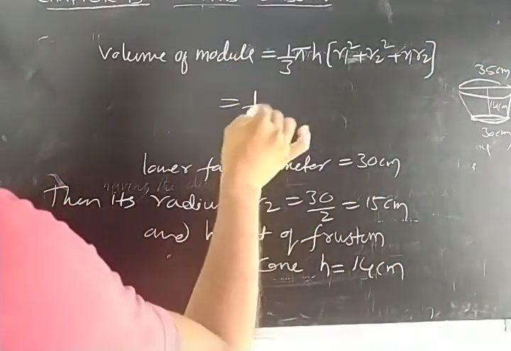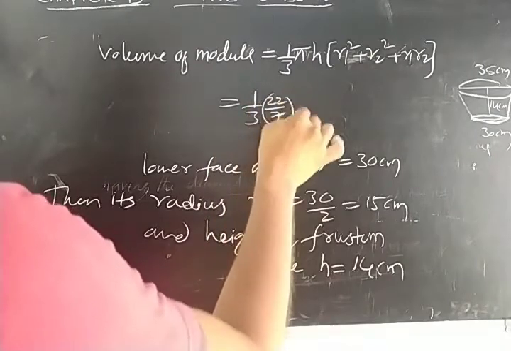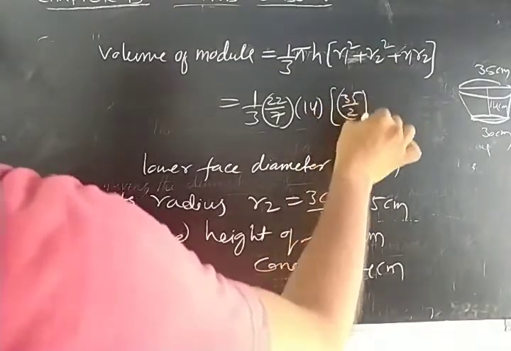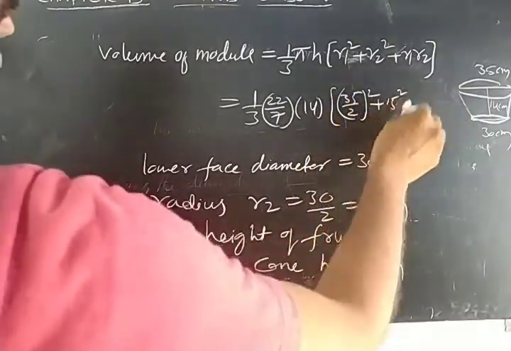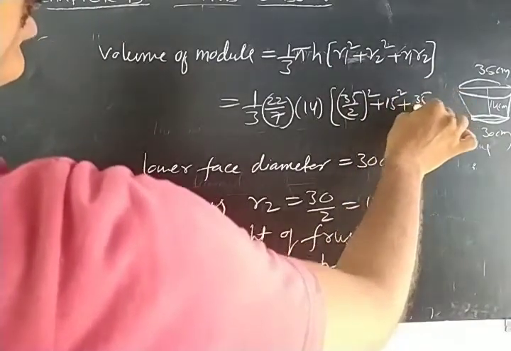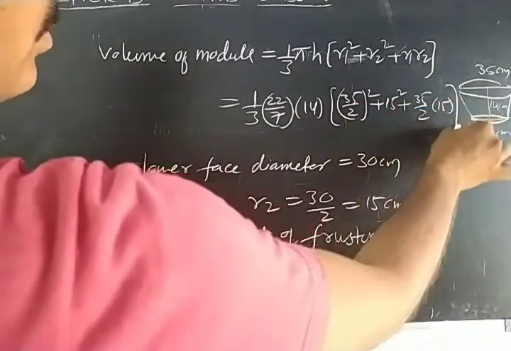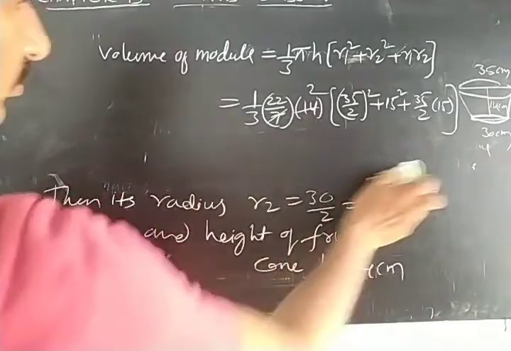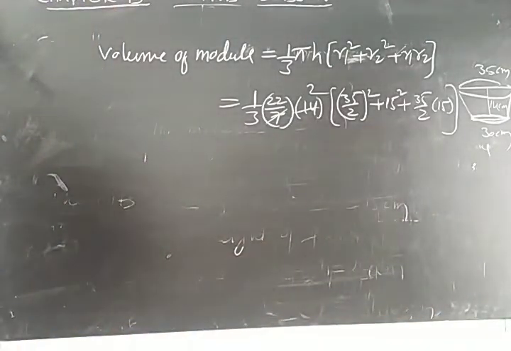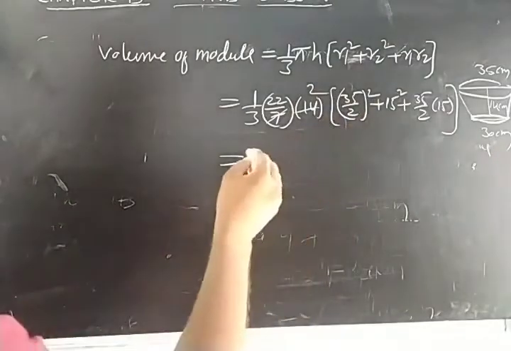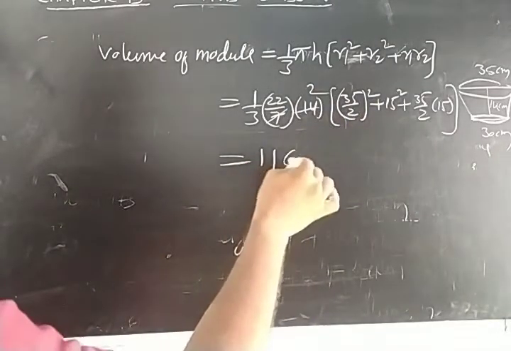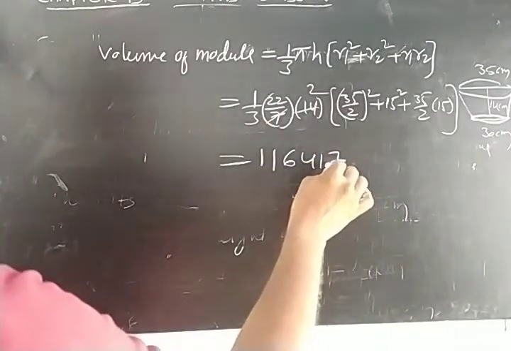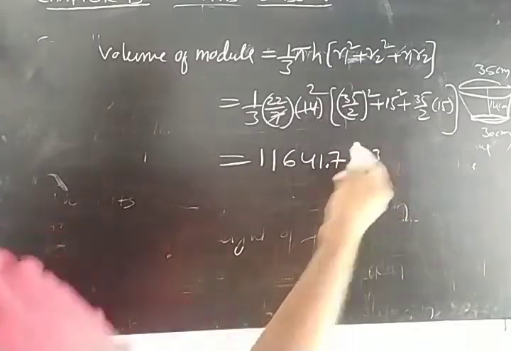Substituting the values: 1 by 3, 22 by 7, h value 14, r1 is 35 by 2 whole square, r2 is 15 square, plus 35 by 2 into 15. After simplification, you will get 11641.7 centimeter cube as the volume of the mold.